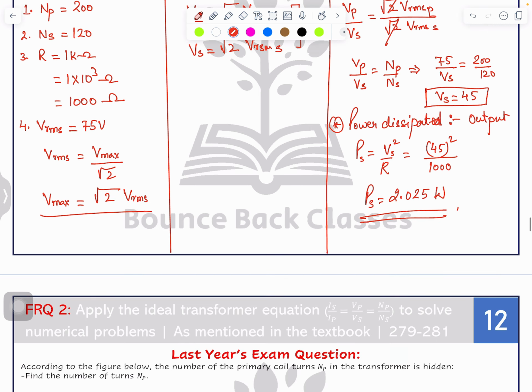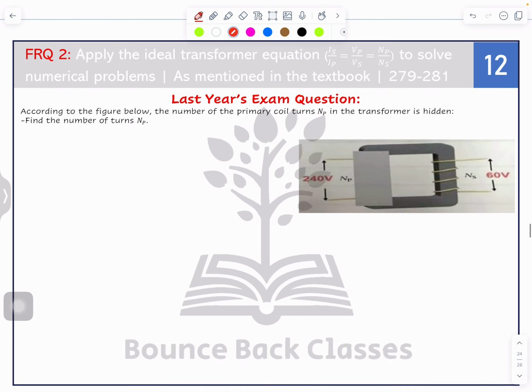Now the last question, a very easy one, which was asked last year. According to the figure below, the number of primary coil turns NP in the transformer is hidden. Find the number of turns NP. So guys, what we have here, V primary is your 240. NP we don't know.